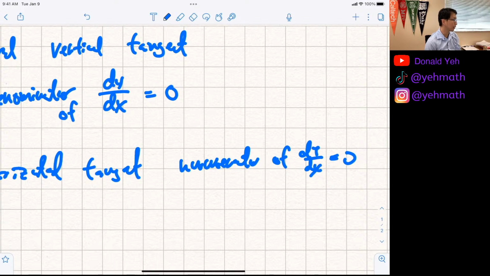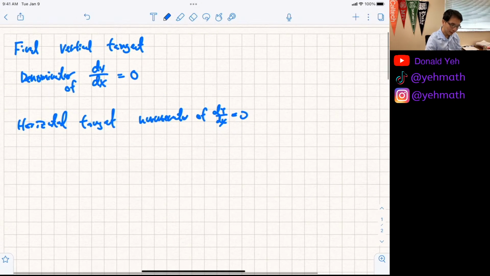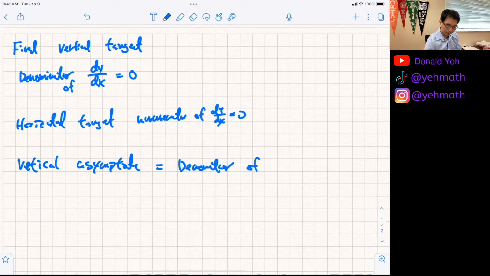Now review. How do I find the vertical asymptote? Denominator of the original function equal to 0. And how to find the horizontal asymptote? Not necessarily highest power. Okay, let's review. That's on your last test that you take on Friday. Vertical asymptote is denominator of f(x) equal to 0.